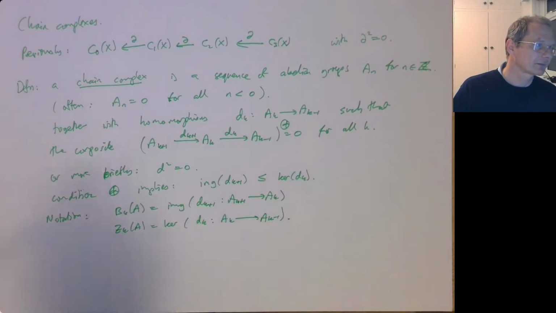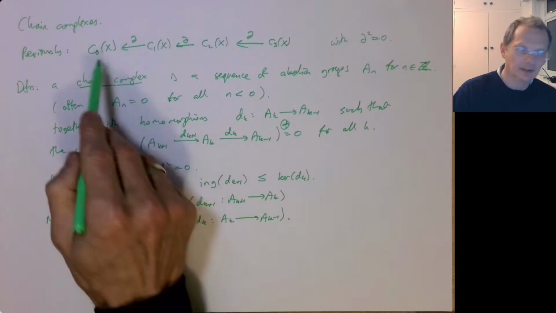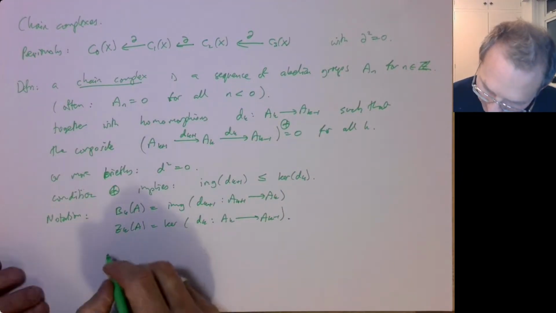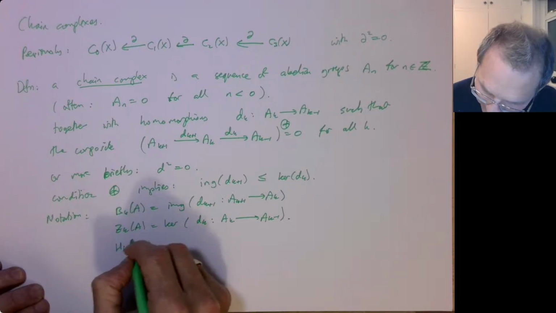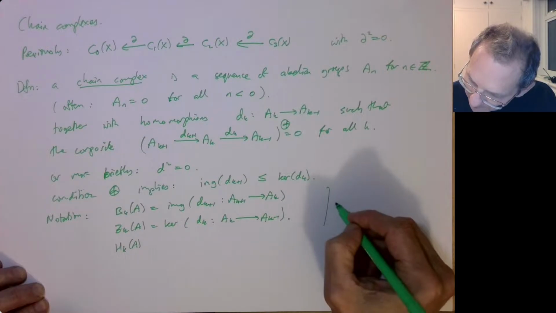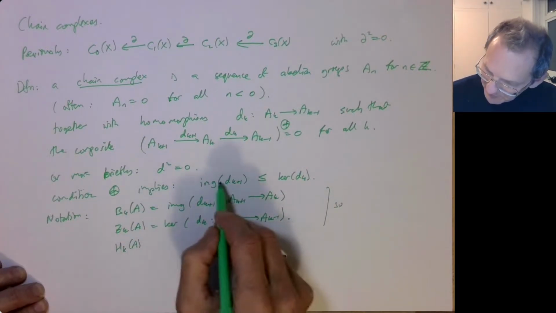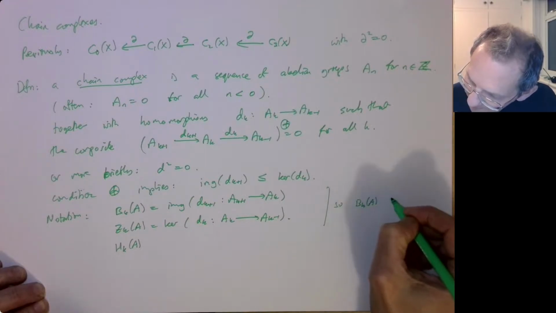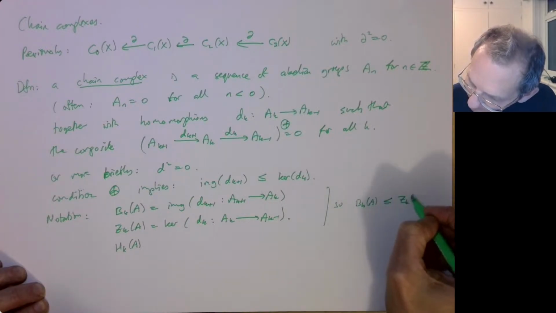This is essentially the same notation as we used in the case of the singular chain complex we wrote up there. And H_k(A), okay, so we notice that in this notation, this relation up here says that B_k(A) is contained in Z_k(A).